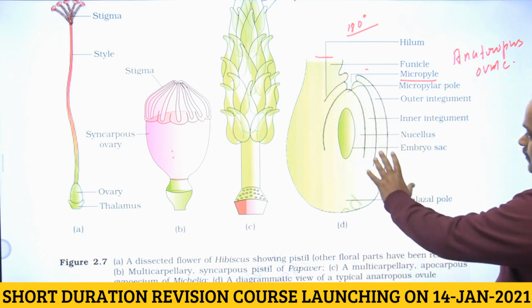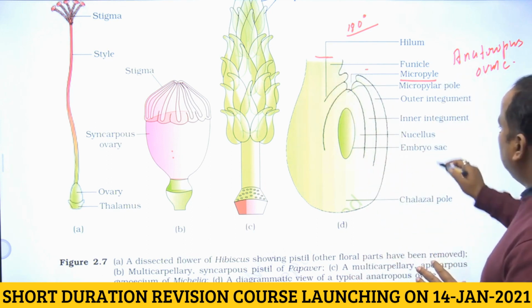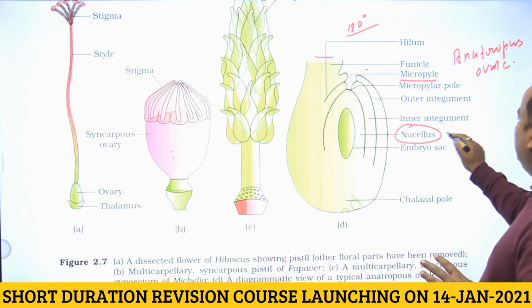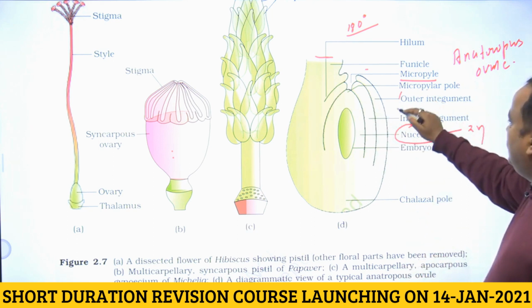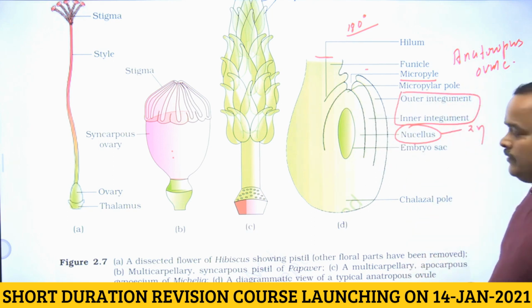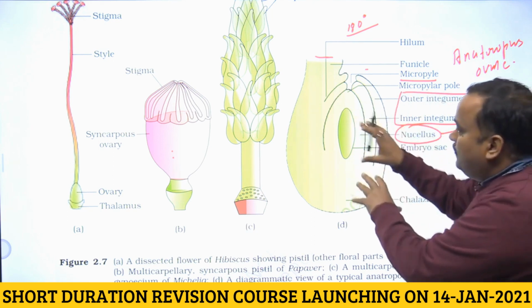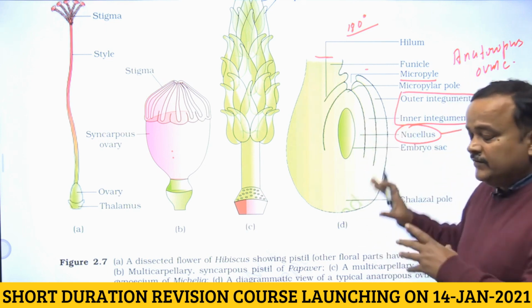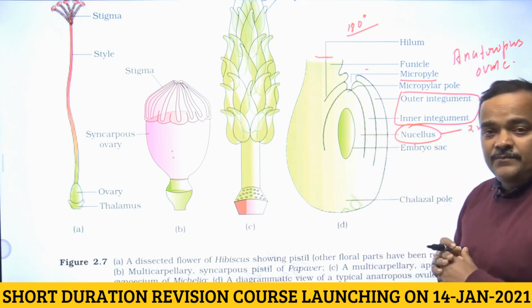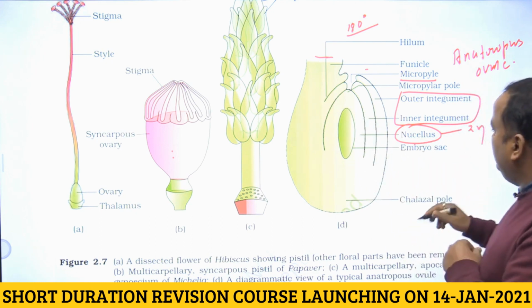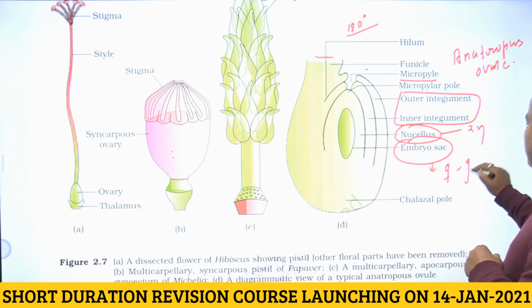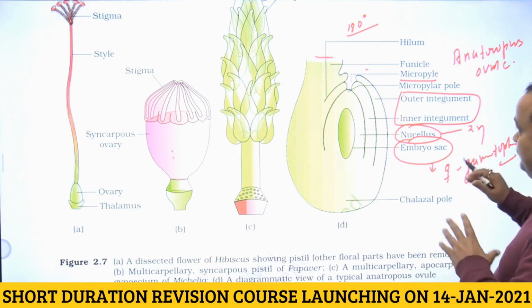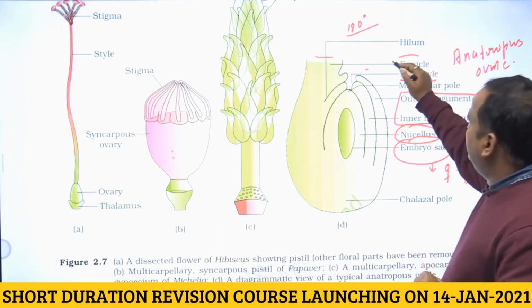So the ovule is a composite structure which consists of sporophytic tissue, the nucellus, which is diploid, and it is surrounded by a protective envelope, that is the outer and inner integument. The integument will provide protection to the nucellus, and within the nucellus you have the embryo sac, which is also referred to as the female gametophyte.